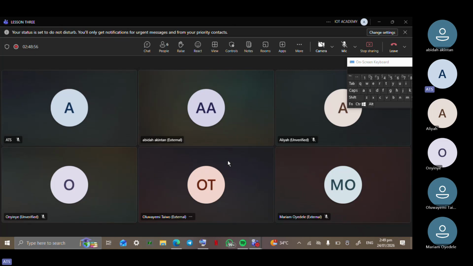I need you to attempt the remaining 3 questions. We are going to solve them in tomorrow's class before we take the next topic. That is your assignment. If you are fast enough, you can send it to me personally so that I'll go over it, and then we'll all go through the corrections tomorrow.